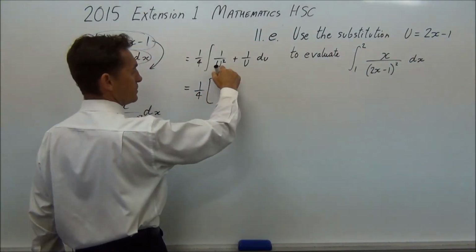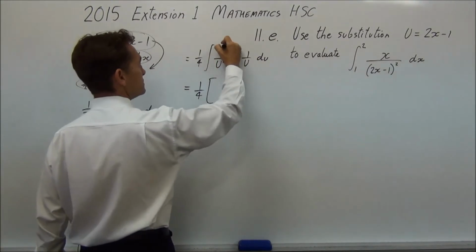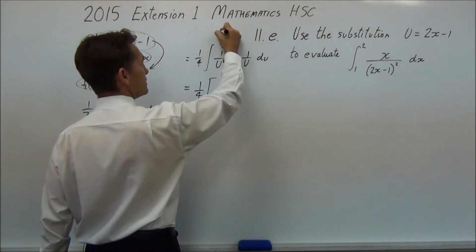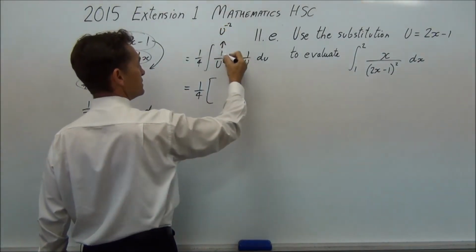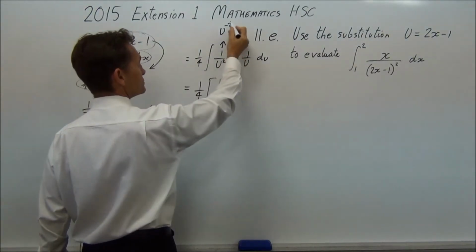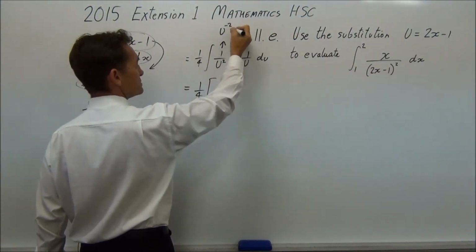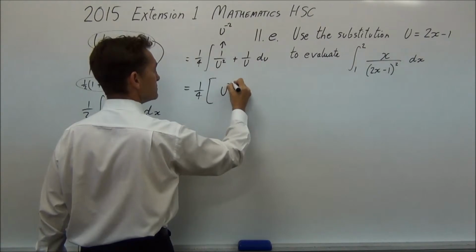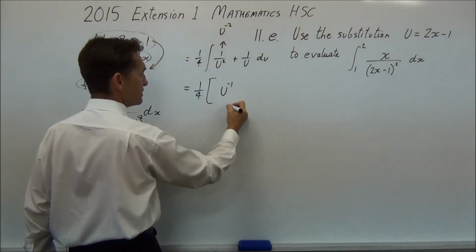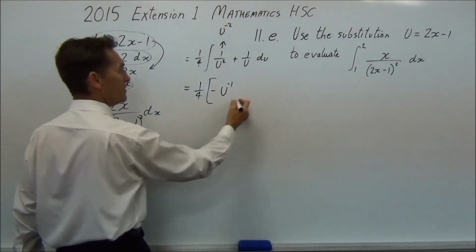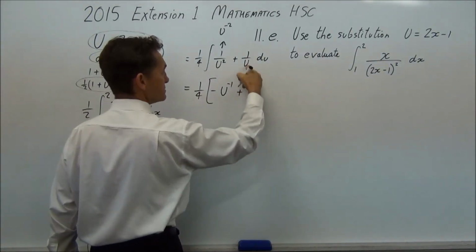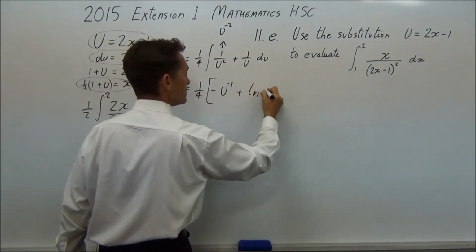So this will become u to the minus 1. So if you rewrite that, that's u to the minus 2, and we just forget about looking at this and we concentrate on looking at this. Raise it to a power, we get u to the minus 1. New power underneath is negative 1, so let's just put the negative there. Plus, this is going to be a log u.